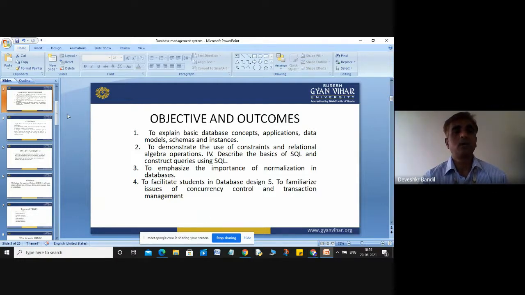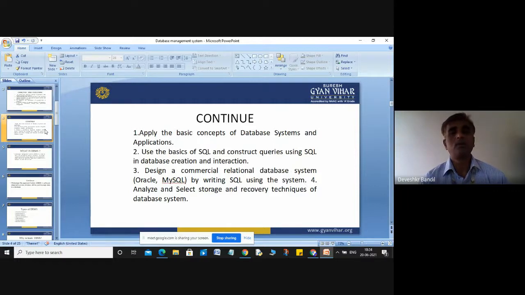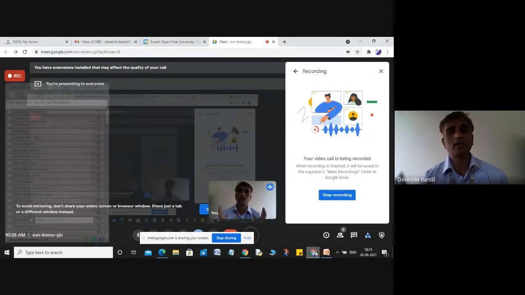And if we talk about the outcomes of DBMS, after studying this subject, students will be able to apply the basic concepts of database systems and their applications, and use the basics of SQL. Basics of SQL means how to write queries, how to create a table in SQL, how to insert data, how to update the data, how to alter the data, how to delete the table, and how to create the database.